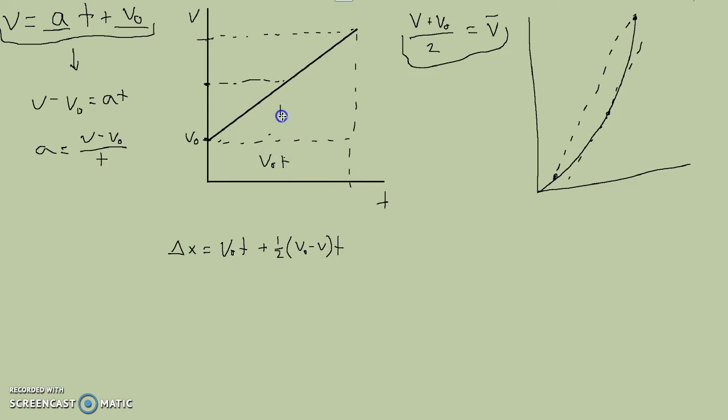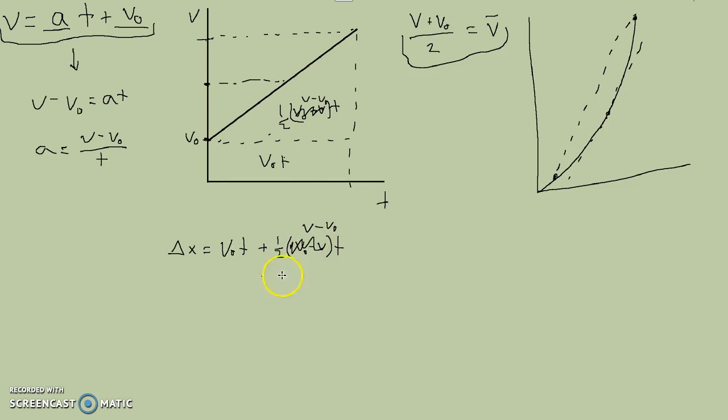So the area of this is 1/2 v naught minus v times t. Okay, so the t again is the width, and I have it backwards, I guess this would be v minus v naught, and this comes from the difference from the lowest part to the highest part, so our starting velocity to wherever we ended up. Okay, so I've got these backwards.